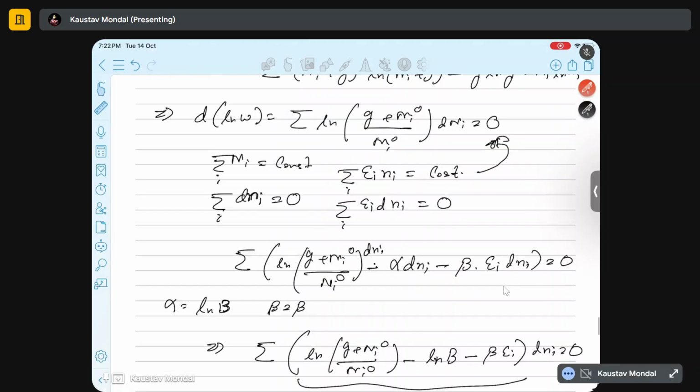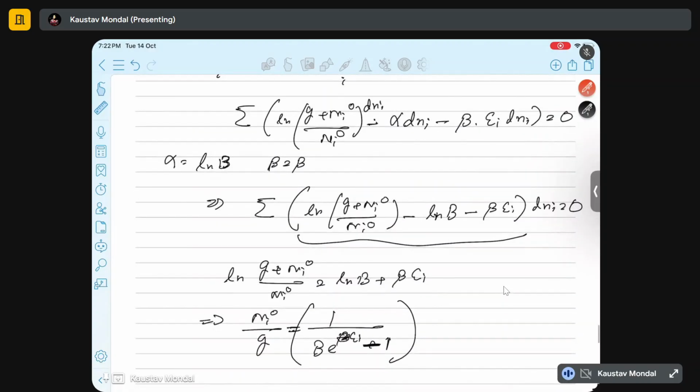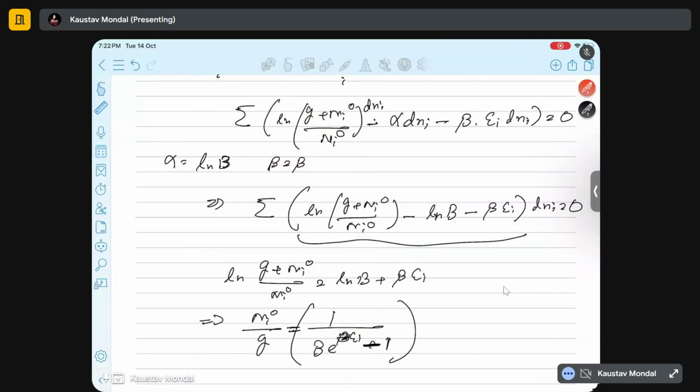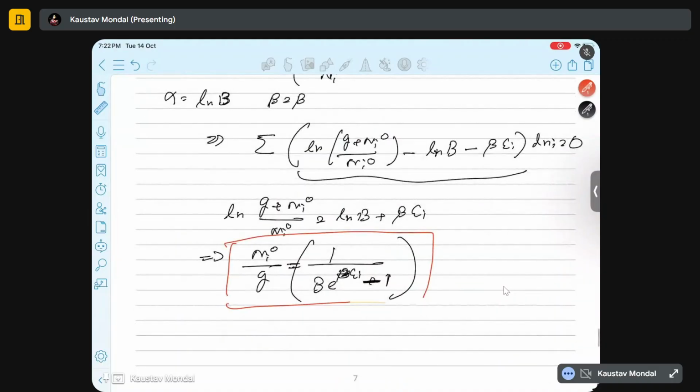So for our energy state ei, this should be the way the bosonic particles will be distributed. This is different from the case of Maxwell-Boltzmann distribution, right? This is the distribution for these particles, and this is called the Bose-Einstein statistics.